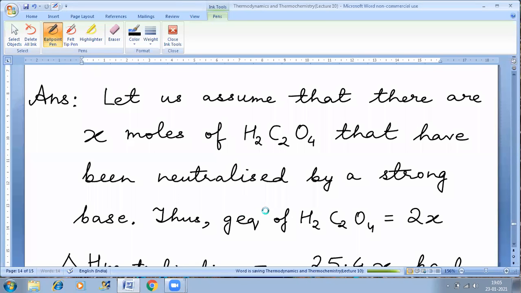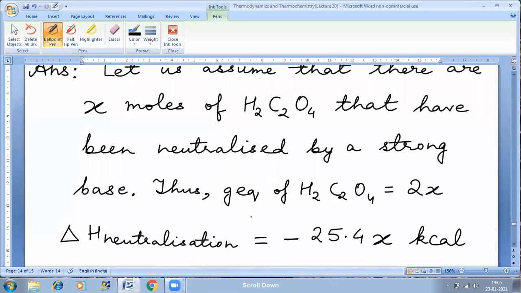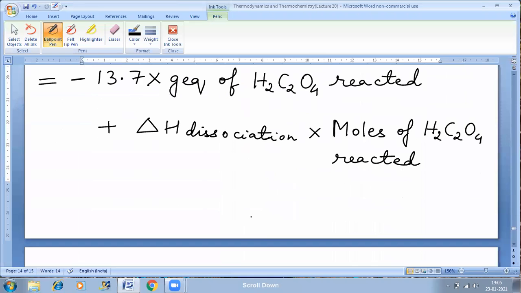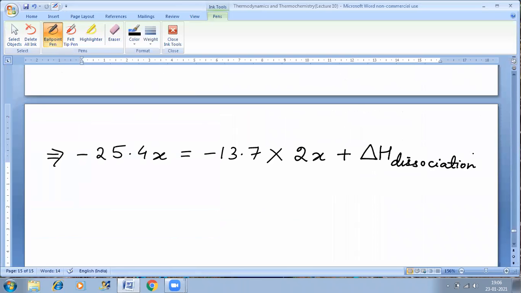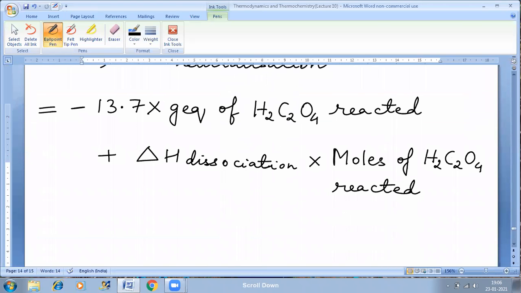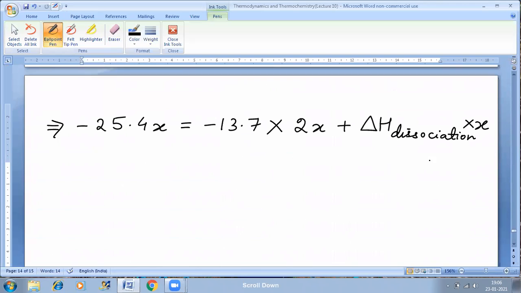Moles into n factor ना, तो 2 is the n factor ना H2C2O4 का. So GEQ is moles into n factor, that is 2x. Plus delta H dissociation multiplied by x. Why? Because delta H dissociation multiplied by moles of H2C2O4, that is x. यहाँ से आपका x कट जाएगा.